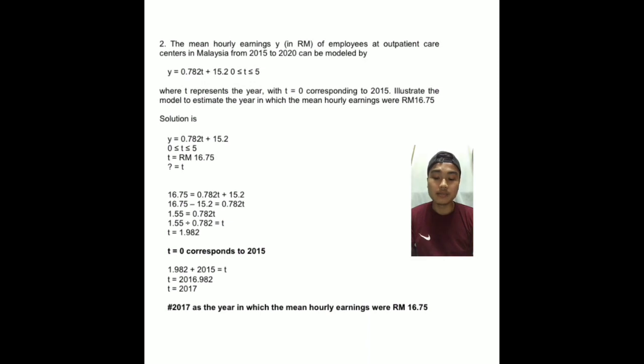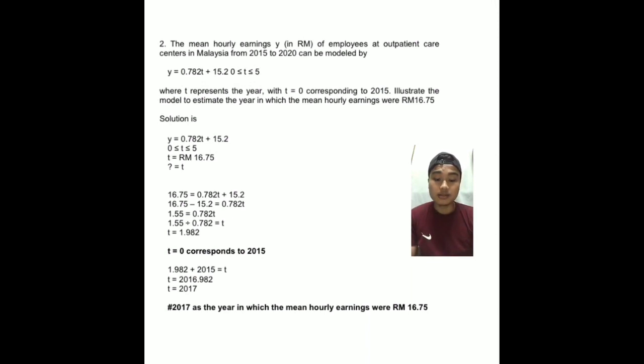Okay, and then we bring 0.782 to the front and divide it by 1.55, and then it equals t, which is 1.982. Next, we need to find which year that corresponds with 16.75% for the hourly earning.